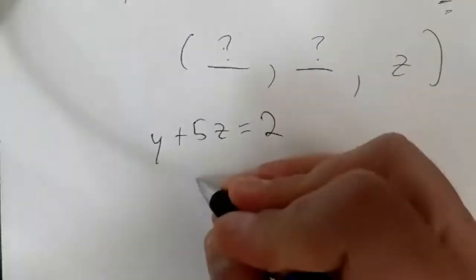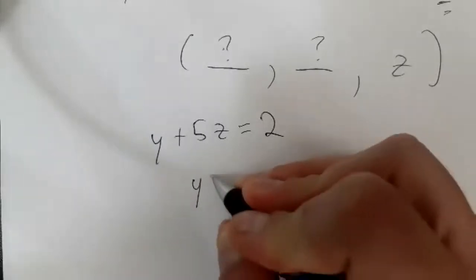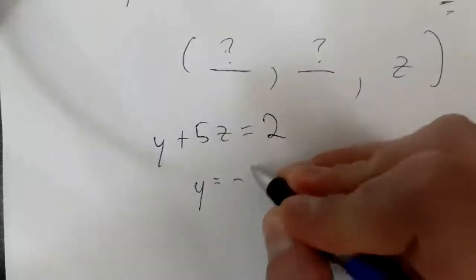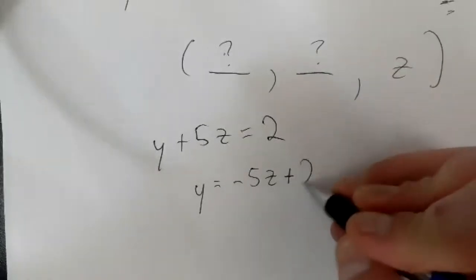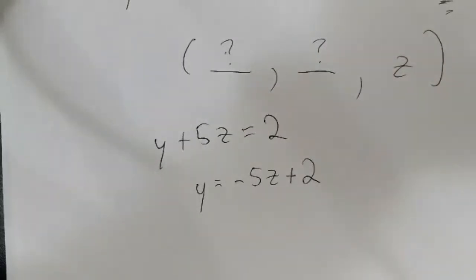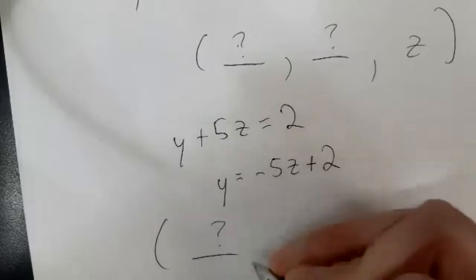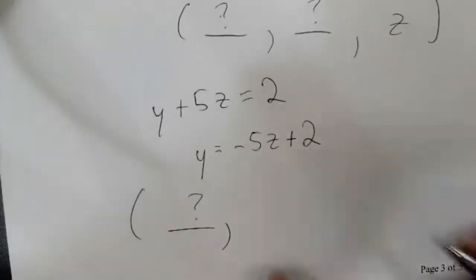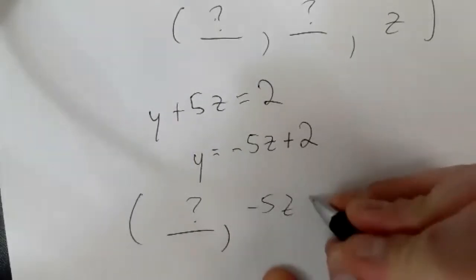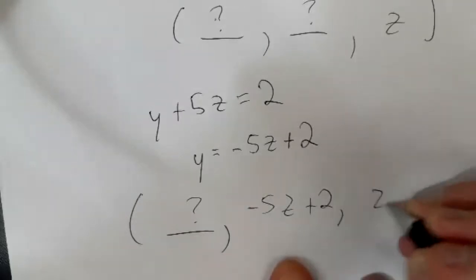In order to solve for y, I have to subtract 5z over. So if I subtract the 5z over, that becomes negative, and that 2 is still positive. I still don't know what my x is, but I know my y looks like minus 5z plus 2, and z is z.